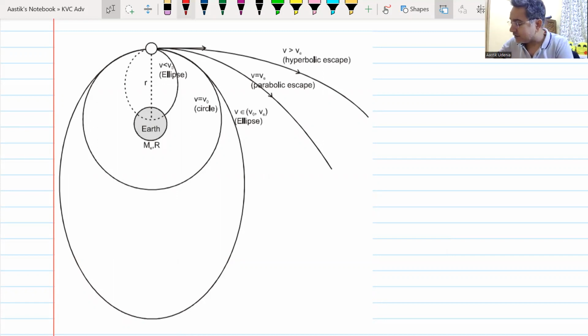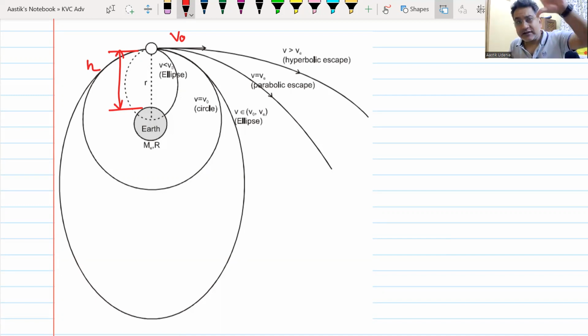Now I have taken it at a height h from the surface of planet Earth. At this height, I have something which is known as V0. You understand the meaning of V0? What is V0? Orbital velocity.